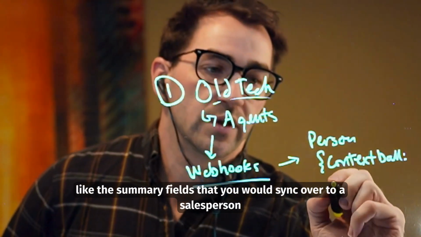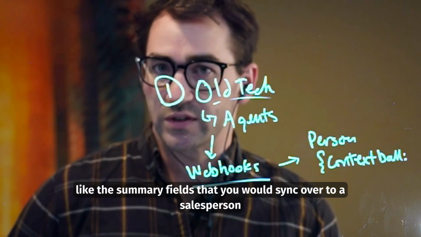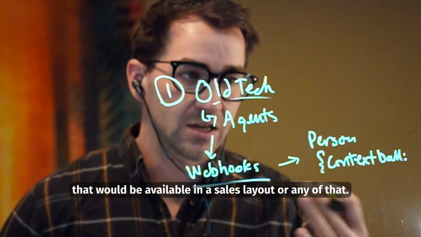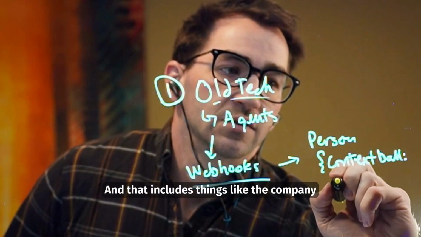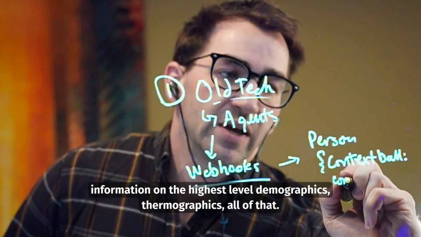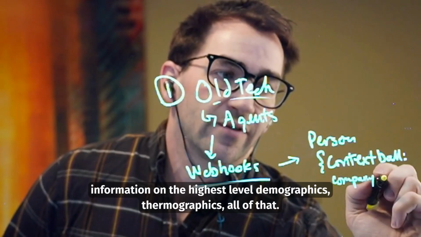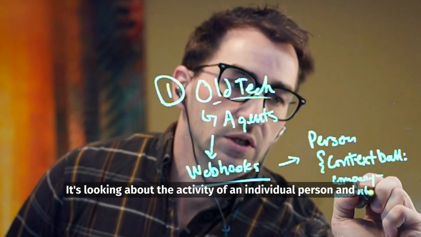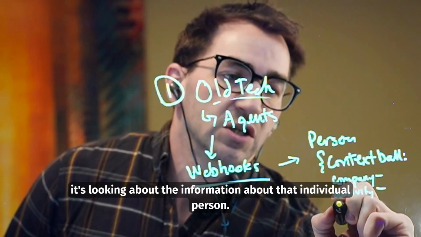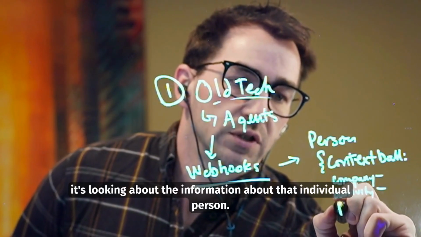That includes the summary fields that you would sync over to a salesperson that would be available in a sales lead layout, and the company information at the highest level, demographics, firmographics, all of that. It's looking at the activity of an individual person, and the information about that individual person.